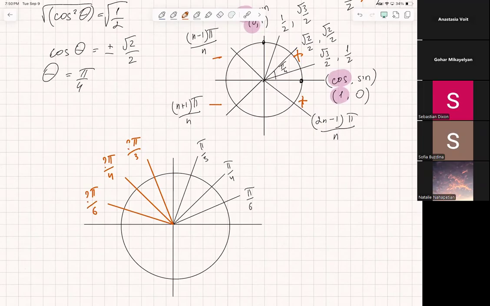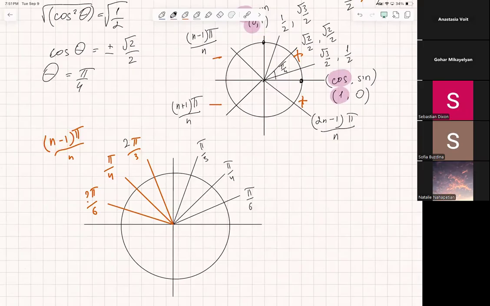As I said, we have n minus 1 pi over n. Whatever you have in the denominator, you subtract 1 from that, and that would be your numerator. So you have 3 here, so that would be 3 minus 1, that's going to be 2 here now. So 2 pi over 3.